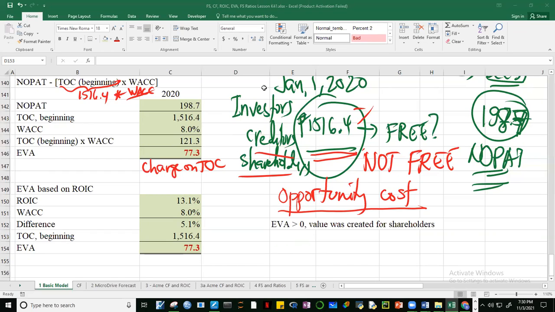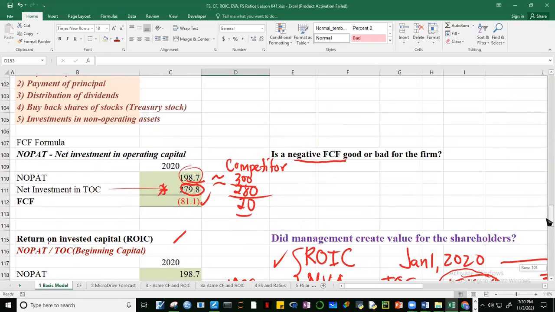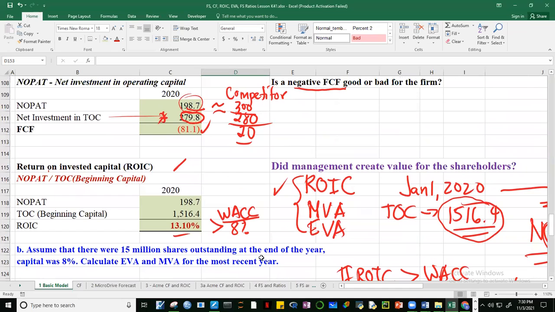Yeah, may comment din si John dito. It's easier to base it on ROIC. The only problem, guys, with ROIC is that we're not able to see how much was the amount, kasi pag ROIC lang, it's only comparing the 13.1% and 8%. Yun lang makikita natin dito.